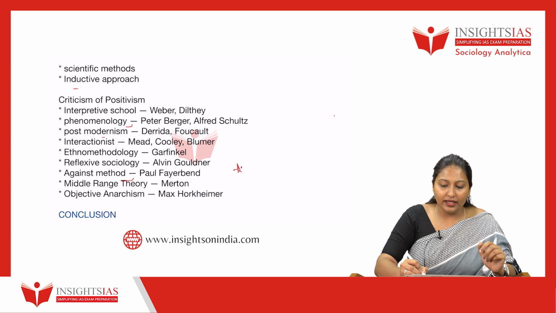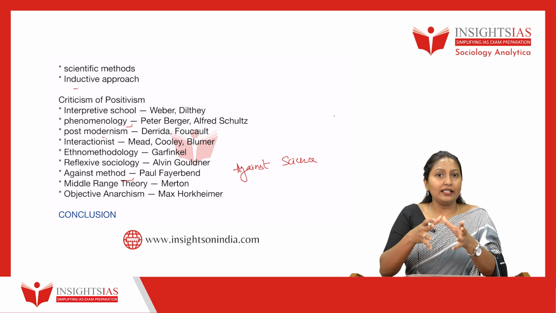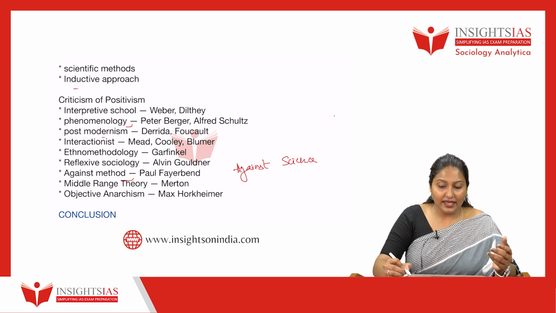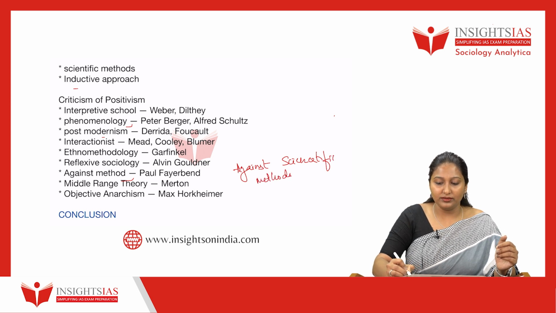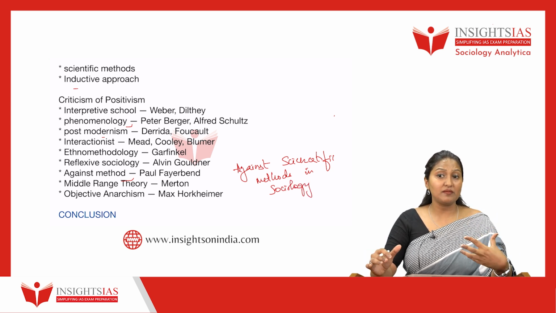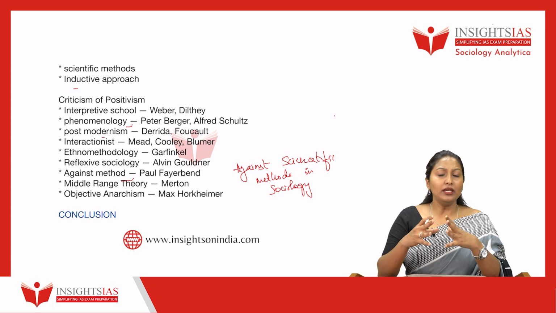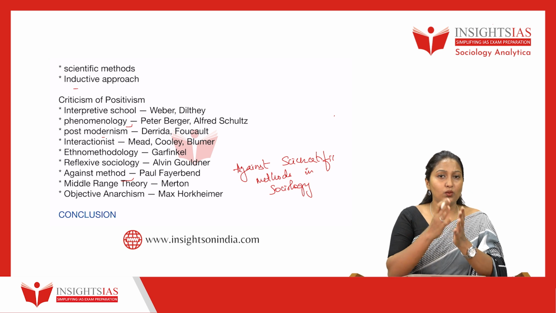He is against science, or he is not technically against science. He is against using scientific methods in sociology. What he says is that it is not possible to study sociology from a scientific perspective. Why? Because science always tries to give a meta-narrative, give one theory.